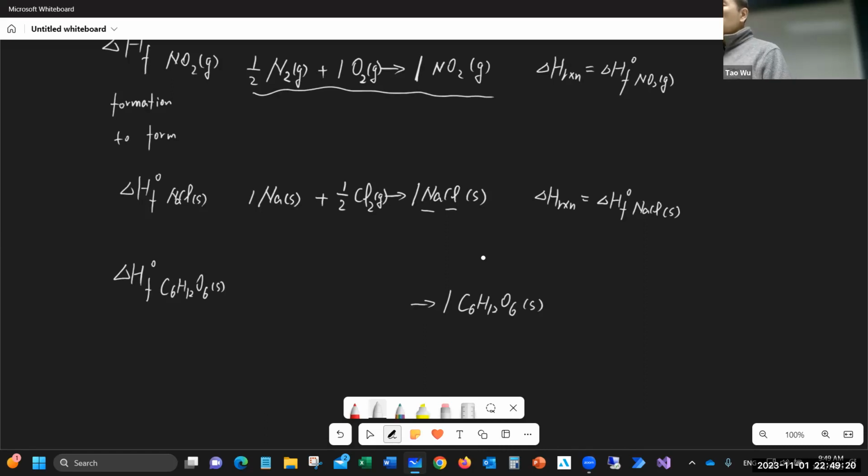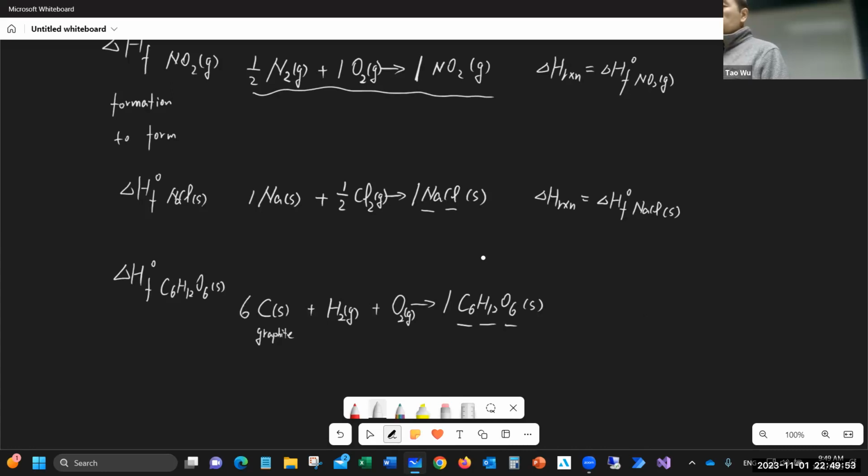And then where does this come from? It comes from its elements, and those elements must be in their most stable form, which are carbon, hydrogen, and oxygen. Hydrogen we know is H2 gas, oxygen is O2 gas, and carbon is solid, and specifically it's graphite.